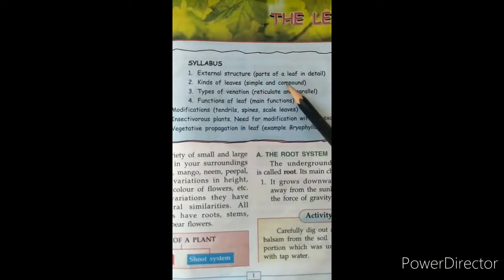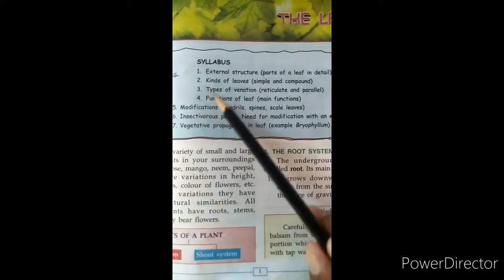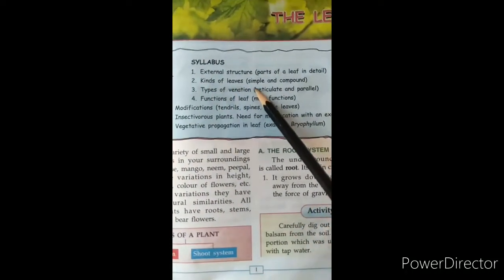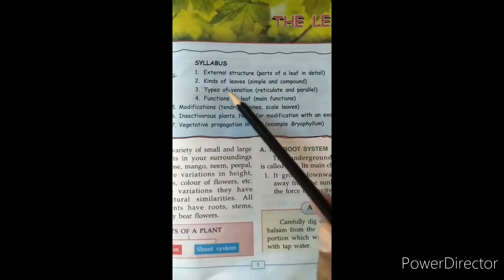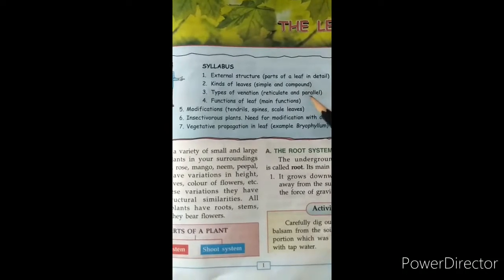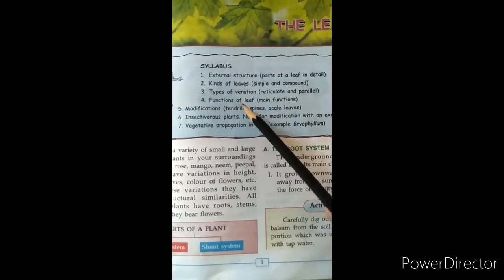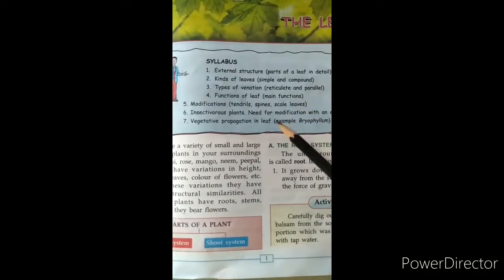external structure, that is the part of a leaf in detail, then kinds of leaves, simple and compound, types of venations, reticulate and parallel, function of leaf, the main functions.